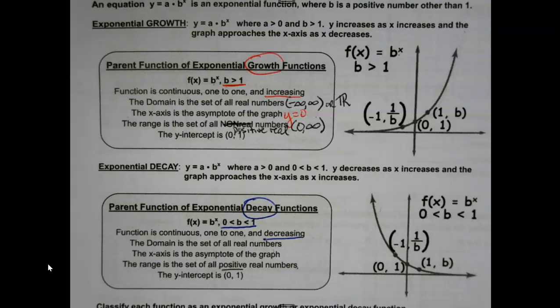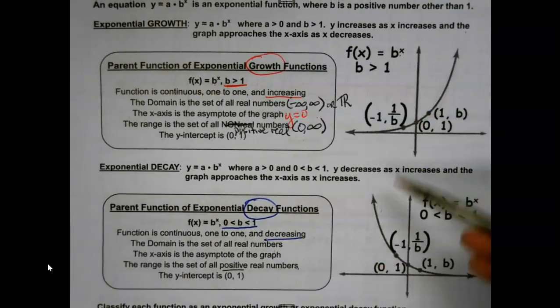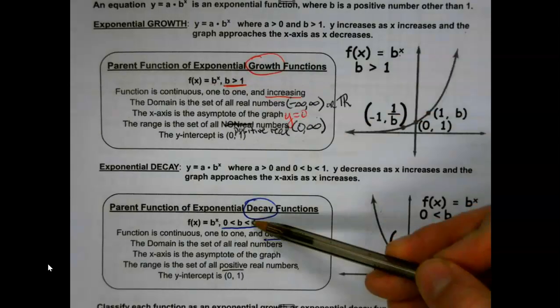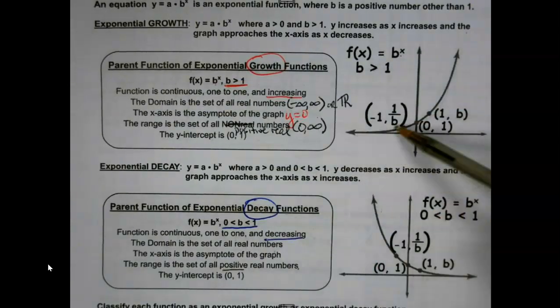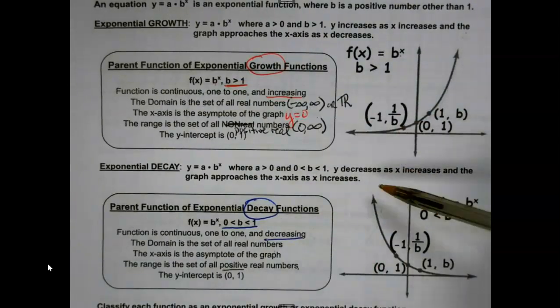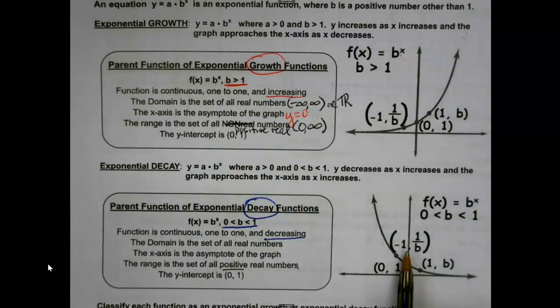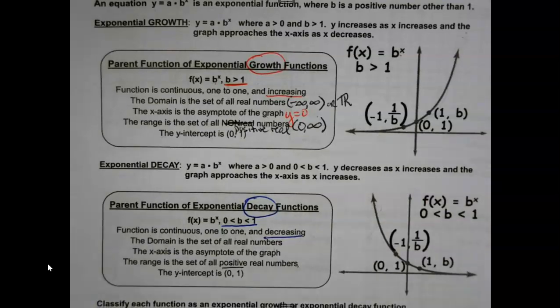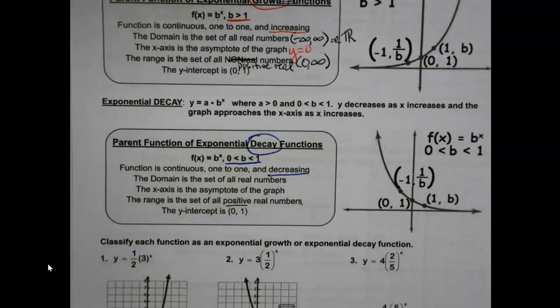But there's going to be a pattern to that as well. But that's just the basics, our parent or base function. So really the only difference between these is the b value telling us whether it's going up to the right and growing or down to the right and decaying. That's it. The rest of this stuff we'll chat about more as we get a little bit deeper.